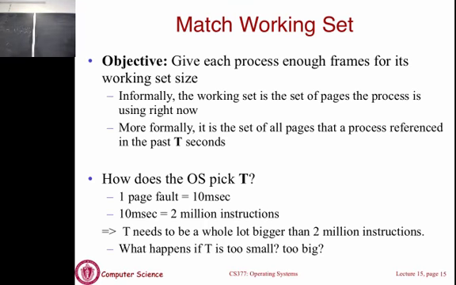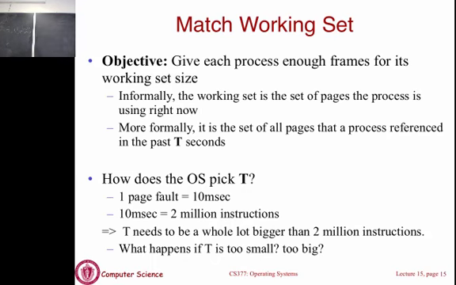Right, so clearly you need your working set to be large enough to handle a lot more than 10 million instructions, right? Because essentially if you're getting a page fault every 2 million instructions, say, then you're basically spending 50% of your time page faulting, right? Because every 2 million instructions takes roughly 10 milliseconds.